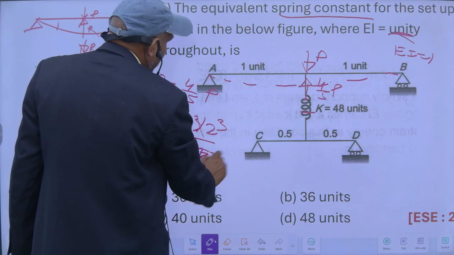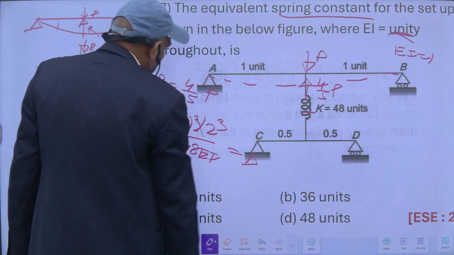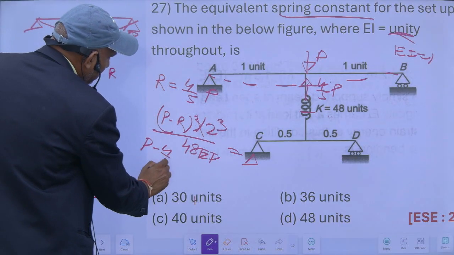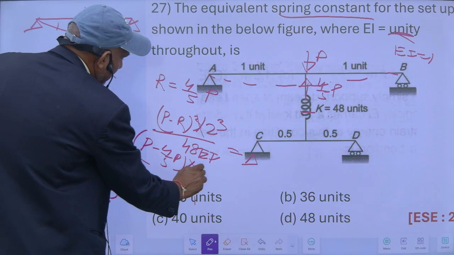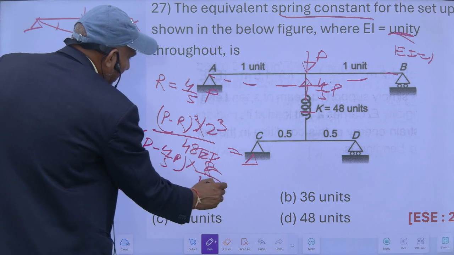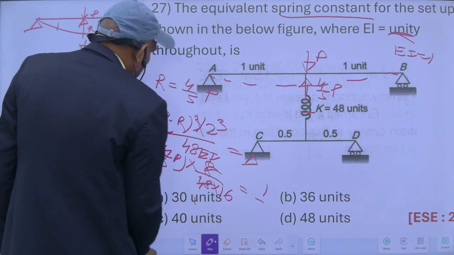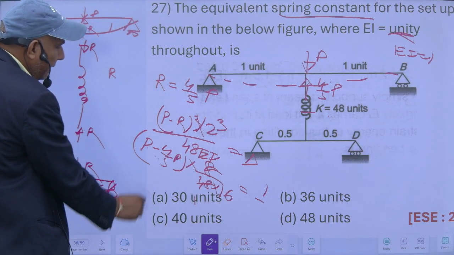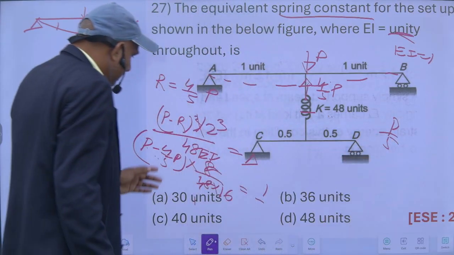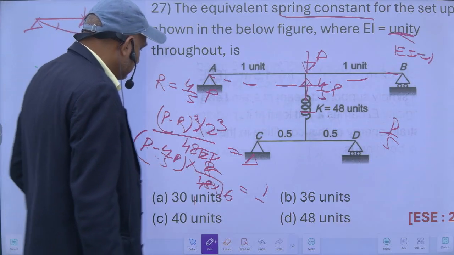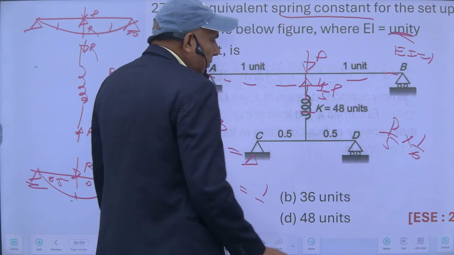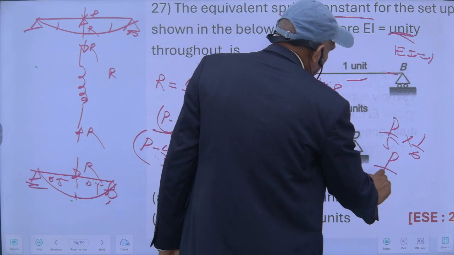This is the deflection here. So P minus R means P minus 4 by 5 P into 8 upon 48 EI, with EI equal to 1, so it will be 1 upon 6, and this is P by 5. So this will be P by 5 into 1 by 6, so this will be P upon 30.